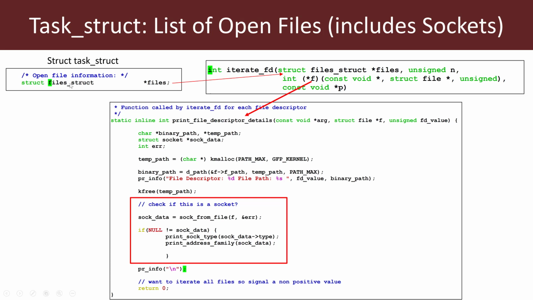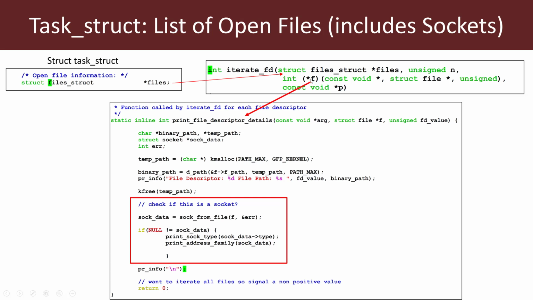So how do we go about getting all that info? The kernel developers have provided a very simple convenience function called iterate_fd, where we have to pass the files_struct as an input. After that, this function will iterate over every single open file, and for every file it calls a callback function, which is to be defined in this format.